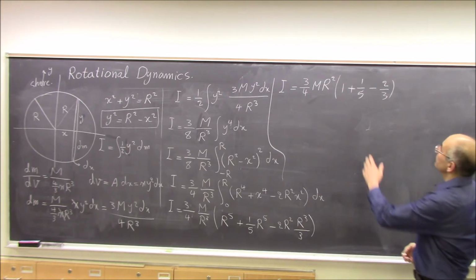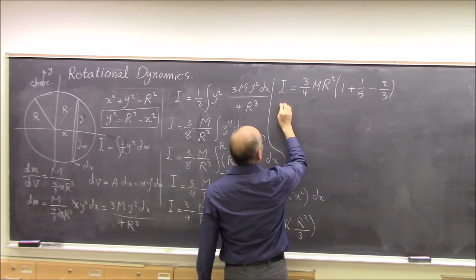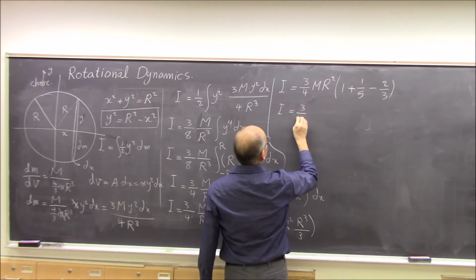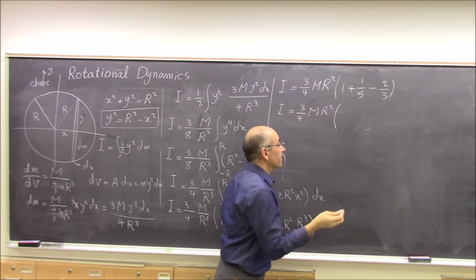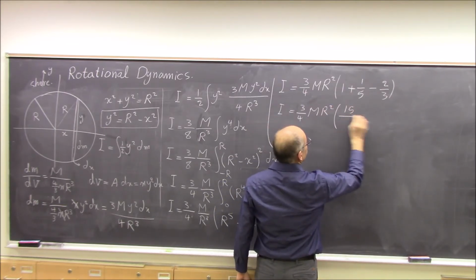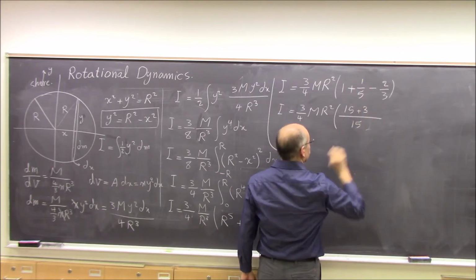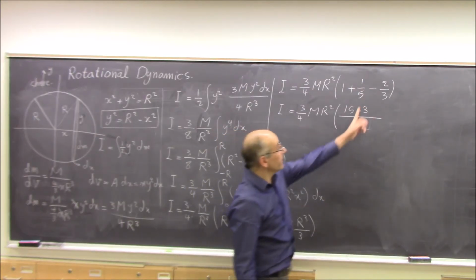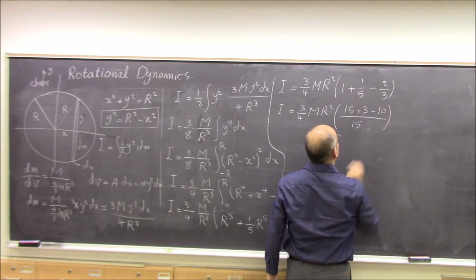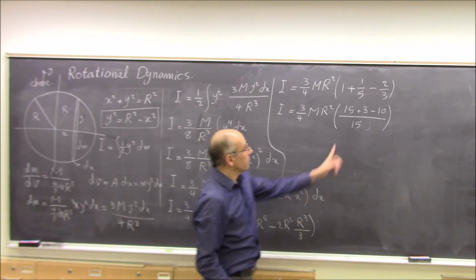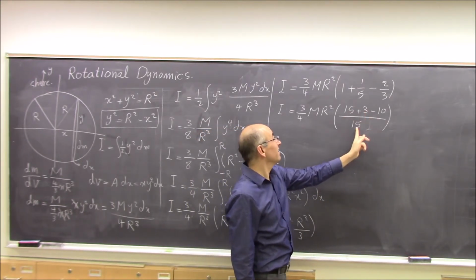What do we get here now? If we do a common denominator, 5 and 3 is 15. I is 3/4 m r squared. I make all the same denominator: 15 over 15 plus 3 over 15 minus 10 over 15. 15 minus 10 is 5, plus 3, 8 over 15, right?